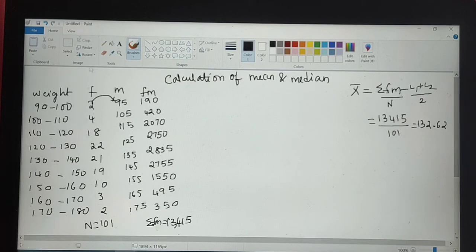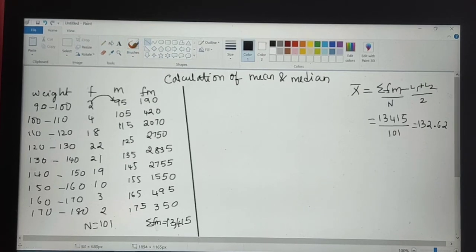The question being the same, let's continue with the calculation of the median just beside this. In median, the first thing I need is the cumulative frequency.